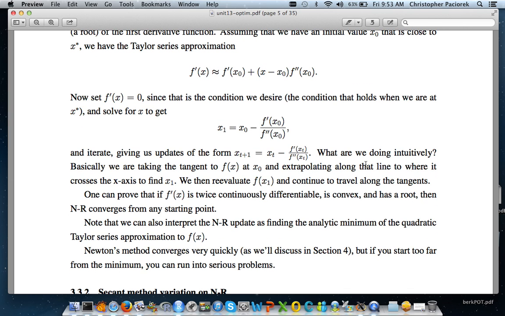Okay, so with Newton's method, we have a lot of power and this converges really quickly, but things can actually go awry in a number of different situations, and we'll talk about that next. But if things are really well behaved, if the gradient is twice continuously differentiable, if we have convexity and if there is a root of this function, then we can prove that it converges from any starting point.